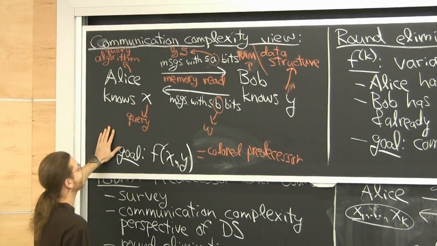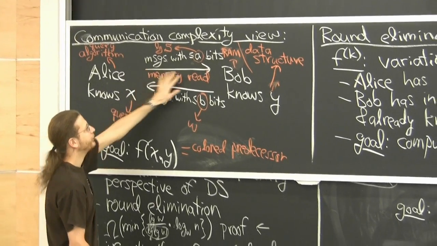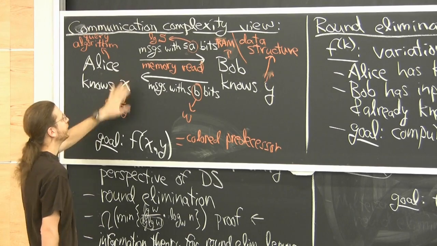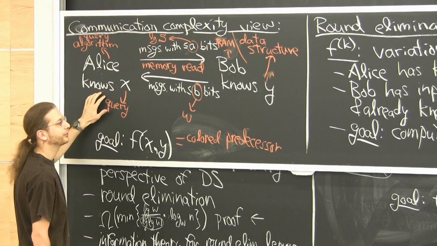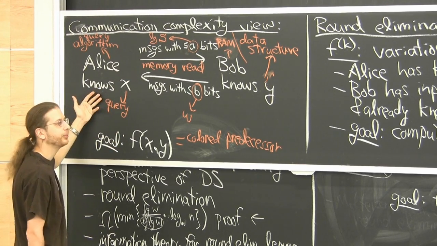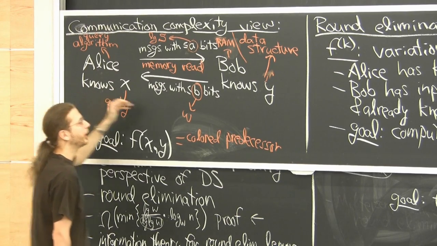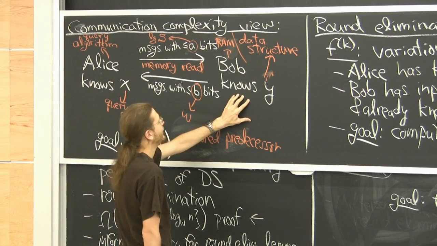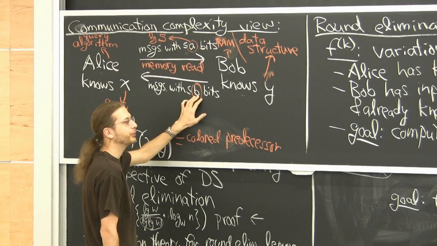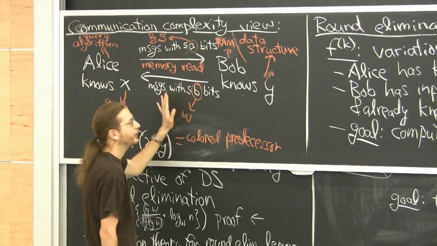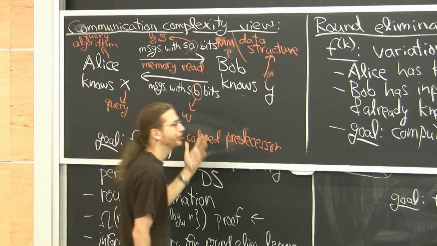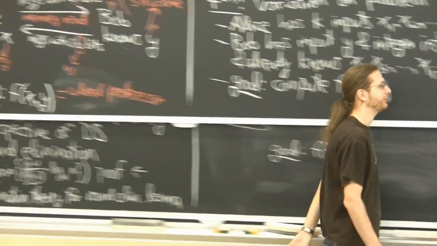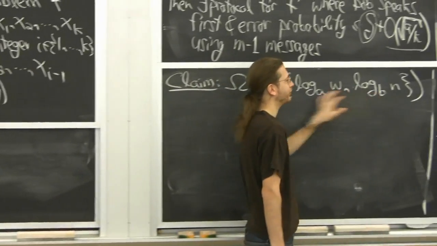Alice has got a bits to communicate to Bob, and the input, I guess, is of size w, right? That's the query. Bob, on the other hand, knows all the data, so in some sense he represents the n side. He's able to communicate with b bits of information. So log base b of n, somehow enough to communicate n. It's not a great intuition for this, but at least it's nice and symmetric.